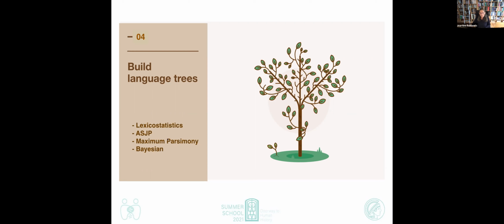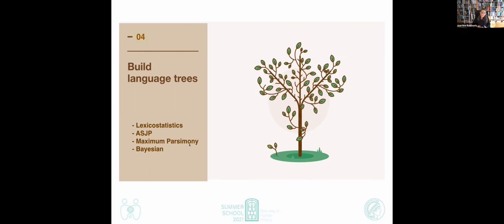These character-based methods are considered to be the most efficient ones lately. The maximum parsimony method is the basic method used by classical historical comparative linguists. And it is a method that seeks a tree that explains the data by minimizing the number of evolutionary changes that yield the data.